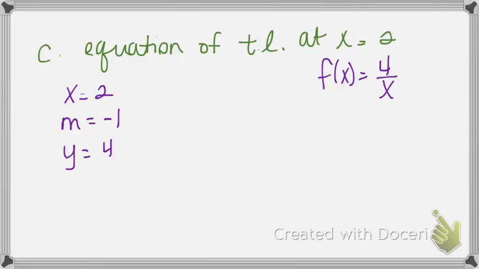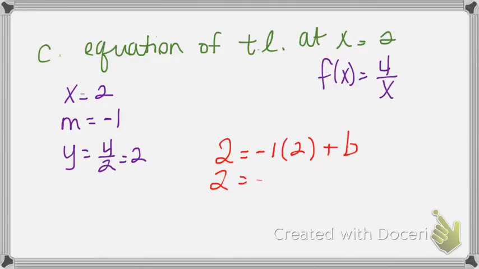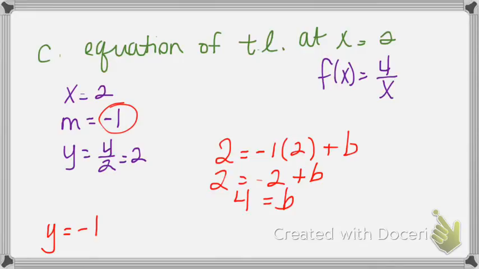So that would be 4 over 2, which is 2. So the x and y value are both 2. Then we do y equals mx plus b. And then solve for b, so add 2 on both sides. So our equation is y equals, fill in your m and fill in your b. You don't have to write the negative 1. I'm writing it just so that you know where it came from.